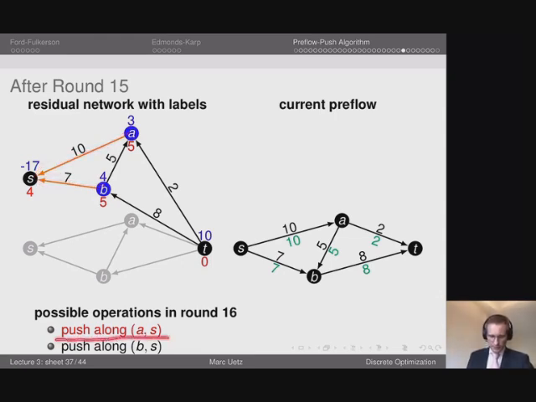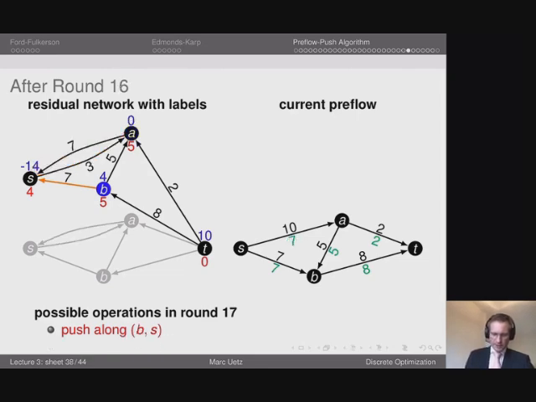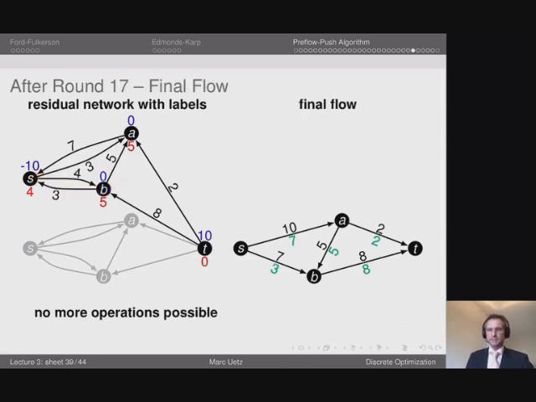And let's say we first push along A and S, so sending 3 units from A to S. That means A has no excess anymore. B is the only active node. Now we push from B to S, these 4 units, and we are done. There is no active nodes anymore in the network.